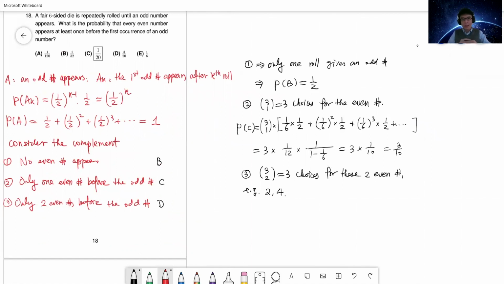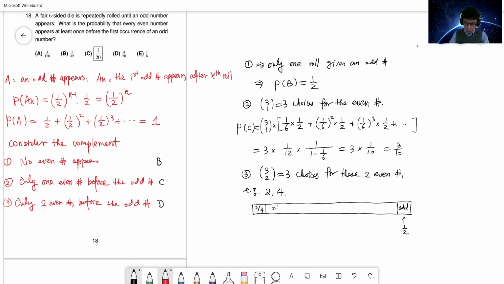Next, let's consider the sequence of rolling this die. We have the last roll to give this odd number, and the probability is 1 over 2 because we have three odd numbers. Before this odd number, we will have these two even numbers.